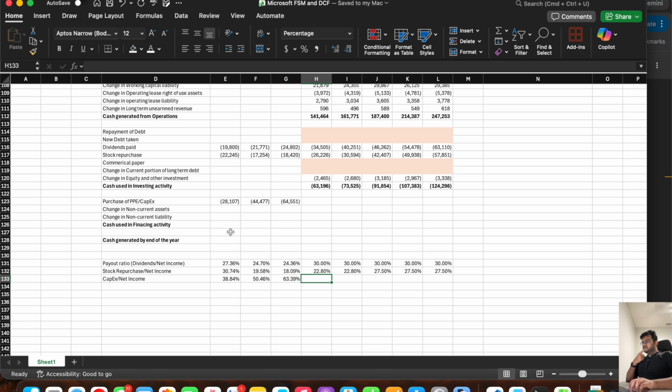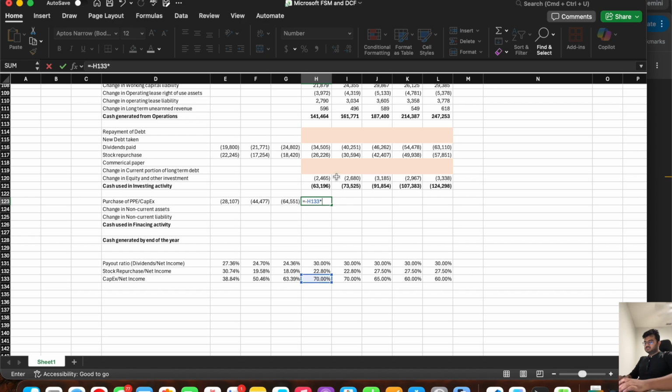Since a lot of companies are spending a lot in AI this year, I'm thinking most likely for the next 2 years at least the number will be higher. So I would put 70% of net income for the next 2 years they will spend as capex, then gradually it will reduce. Or if you have any inside information about the company, or if it's a small scale company, if you know management, you could forecast the number. But since I don't have any inside information, I'm just going to take an assumption and go ahead.